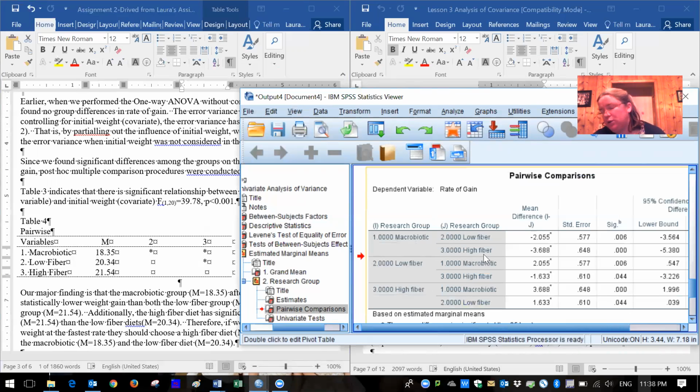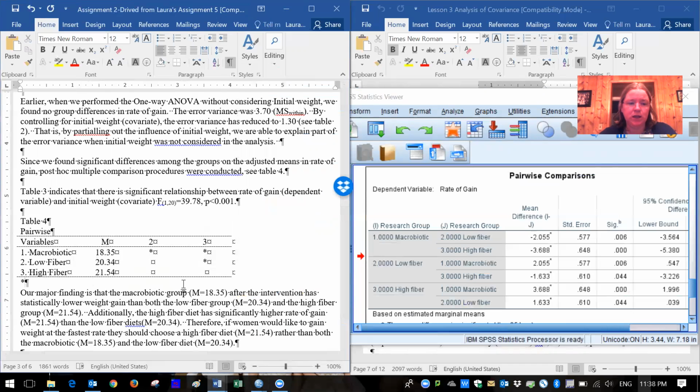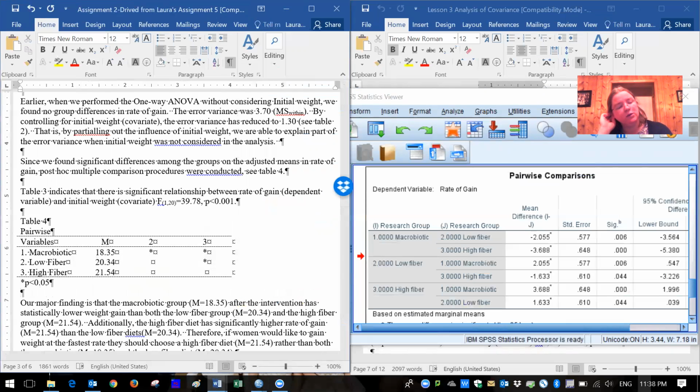So we don't have to do any repeating. So it'll always look like a triangle. So now it's time to talk about them. Typically we put underneath the table what our asterisks mean. So I'm going to just say that P is less than 0.05 so that we know exactly what that means.